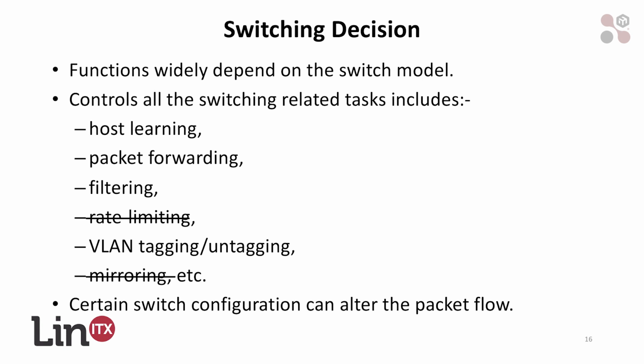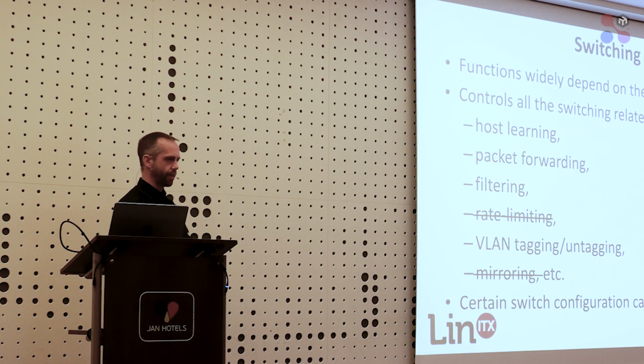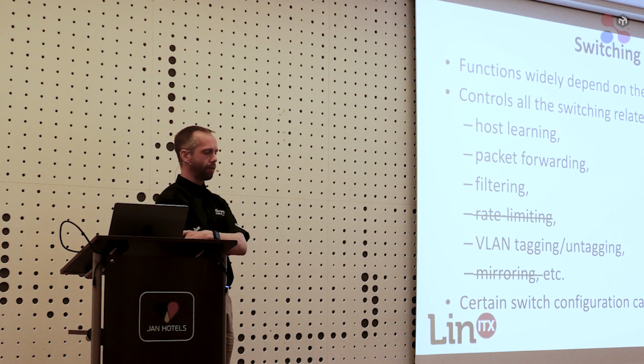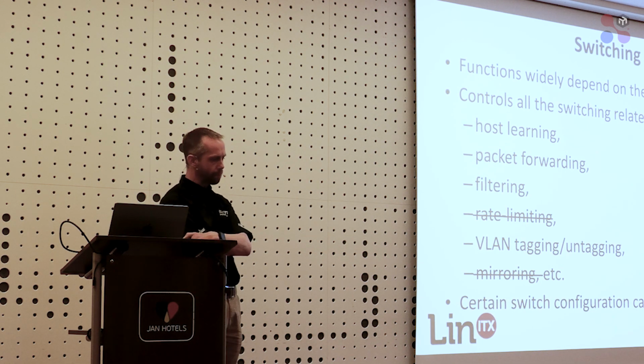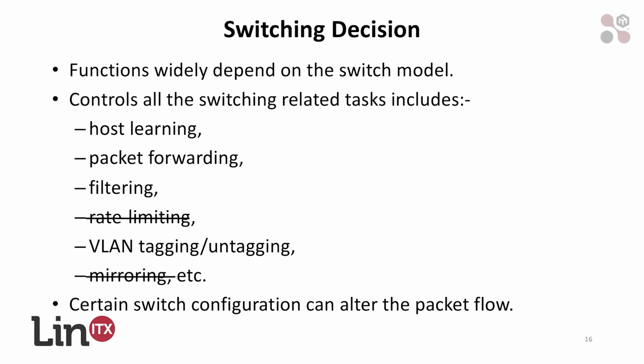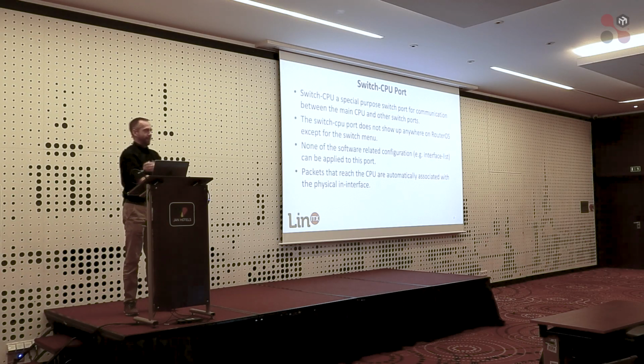It has some filtering in it, and it does now no longer have, as of yesterday, because this got changed in the wiki yesterday to keep me on my toes, rate limiting, which has now moved somewhere. They haven't said where. VLAN tagging can be carried out in the switching decision, and port mirroring has now also been deleted from the list of functions in the switching decision yesterday. So here be an interesting presentation that got altered this morning.